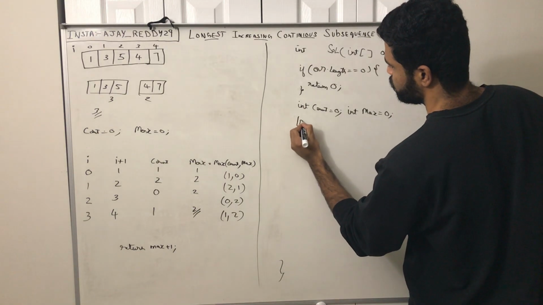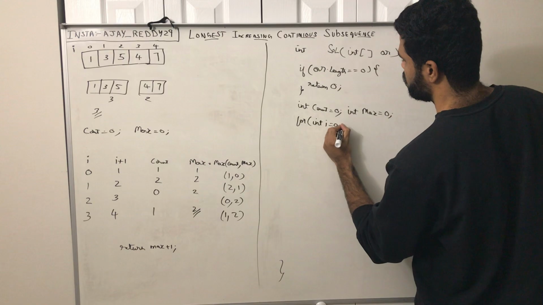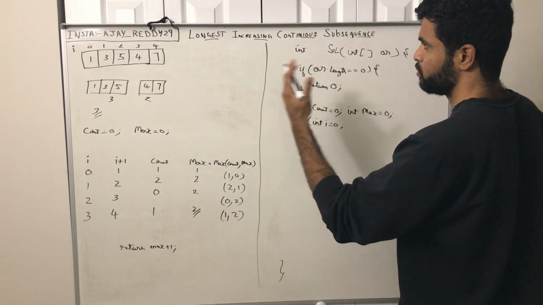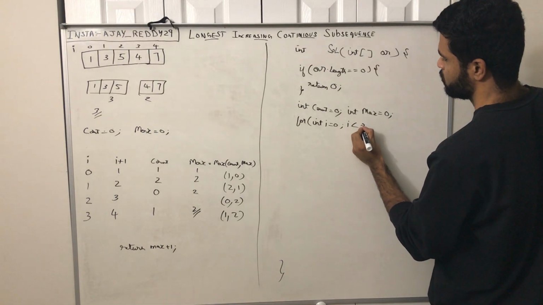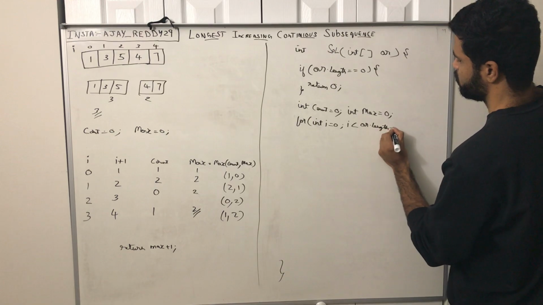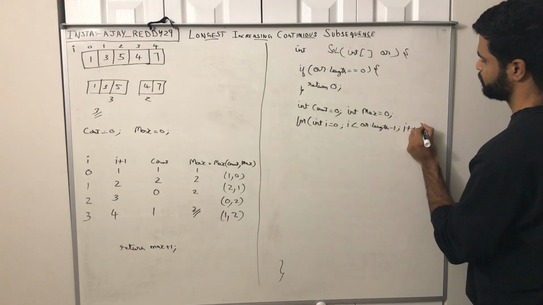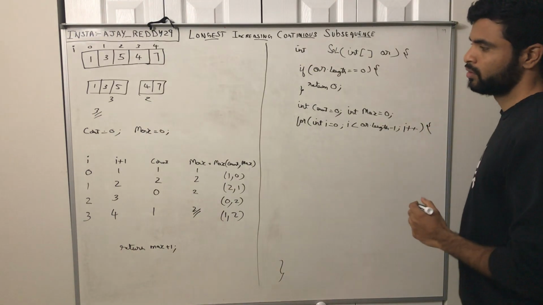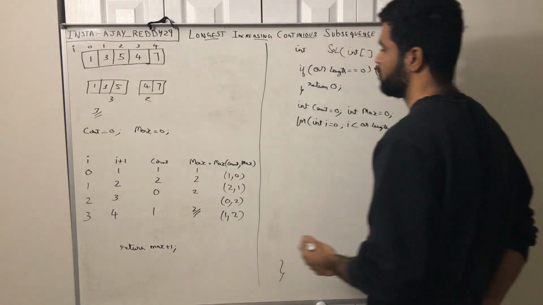Okay, and now I want to start looping and I want to iterate through the array. So for that I will use a for loop, for int i equal to 0, and I just want to loop till the n minus 1 element. So I will use i less than a dot length minus 1, i plus plus. In each iteration I will be comparing the ith element and the i plus 1 element.